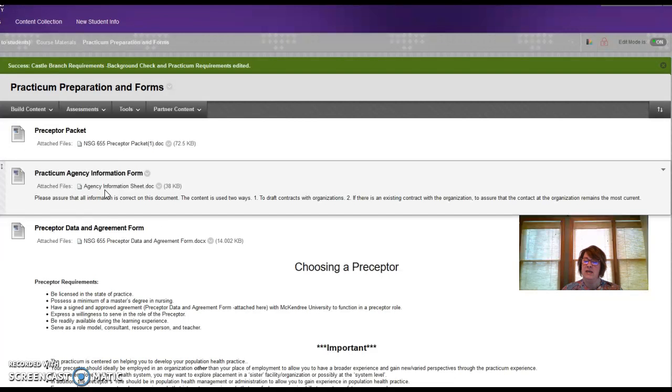And secondarily, if we already have an existing contract or agreement with that organization, it will serve as a way to help us to keep our files up to date as far as who is the appropriate contact people, because of course people leave and change positions, so it's really good to have that updated information. So that's why that form, even if there is an existing contract or agreement, we do require that each time that we have a student at a site that form is completed.